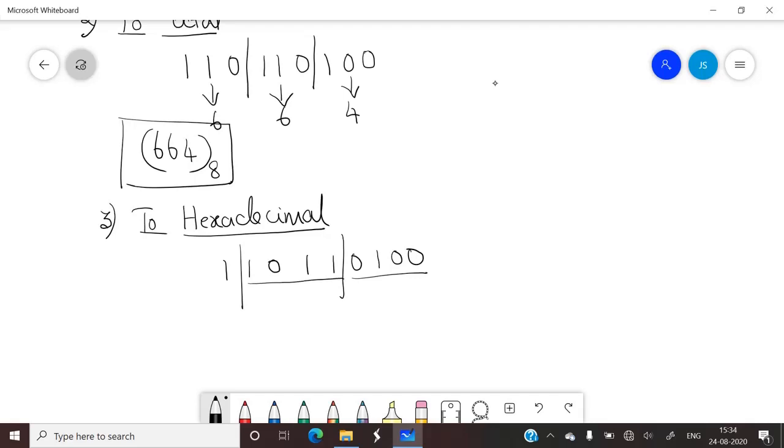Here we have a single digit, that means we have 3 leading zeros. 0100 is equivalent to 4 in hexadecimal. 1011 is equivalent to decimal 12, that is hexadecimal B, and 0001 is 1. So the hexadecimal equivalent of the binary number is 1B4.